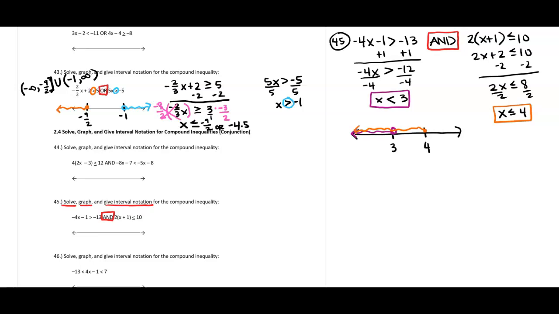Okay, but how would I write this in interval notation? So I want everybody to write in the chat box. What do you think that would be? How would we write our answer of this in interval notation? Don't hit enter quite yet. If you want to send it to me privately, you can too.